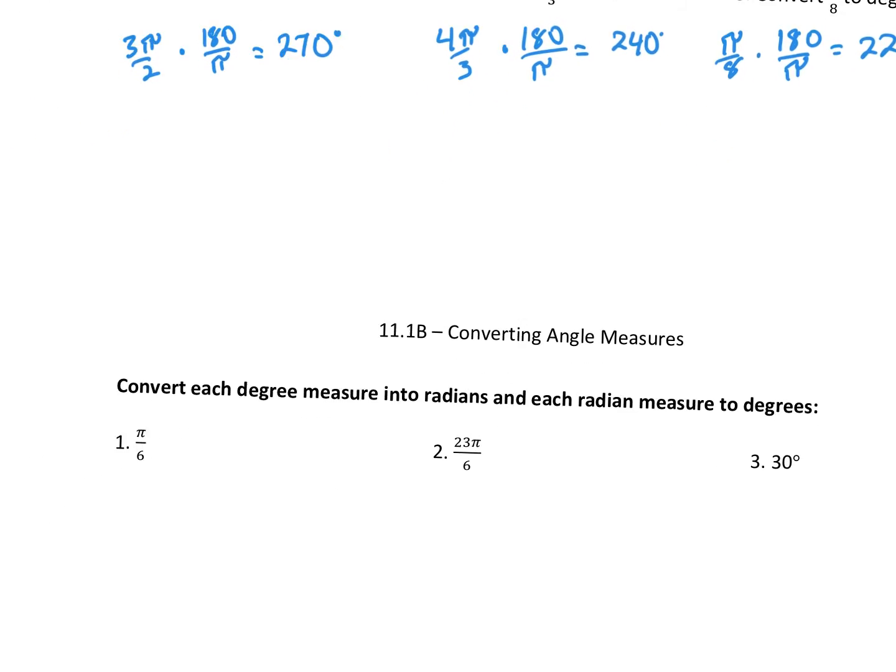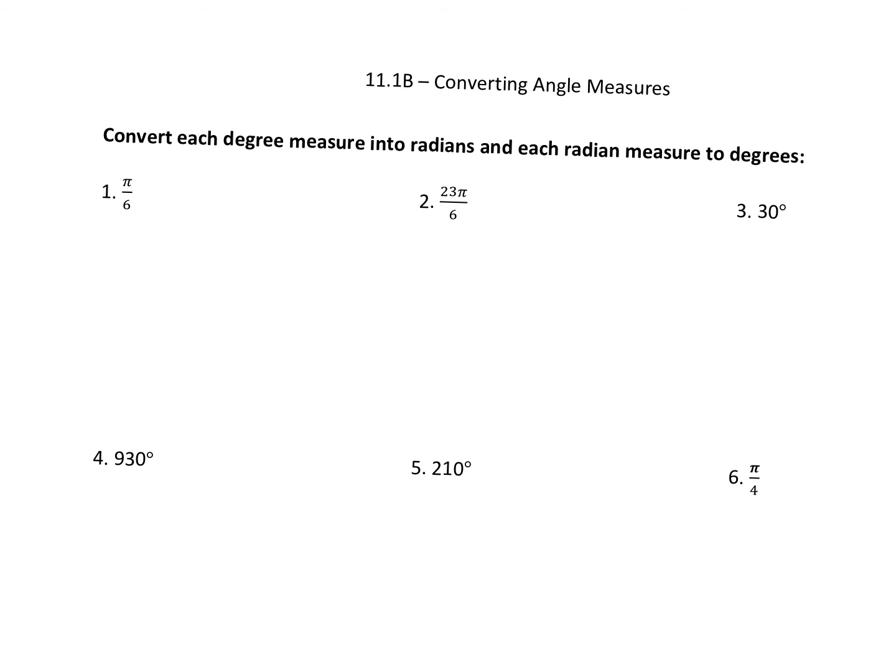So let's try converting some of these to degrees, radians, what have you. Number 1, it is in radians, needed to convert it into degrees. The easy trick I find is if I see a pi on top, the pi is going to be on the bottom, and I'm going to multiply by 180.